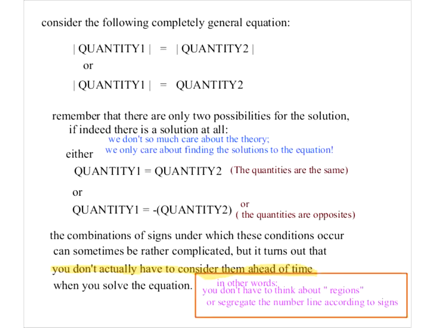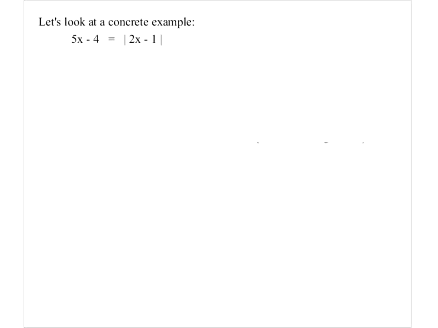Fortunately, it's much simpler than that, and a lot of the posts on the forum that we've seen regarding this and a lot of the agonized queries that we've gotten for the study hall are based on approaches that are basically just overly complicated. So let's finally look at a concrete example. This is similar to a couple of examples that you guys have been posting. All right, let's take a look at this concrete example and see what we can do to solve it.